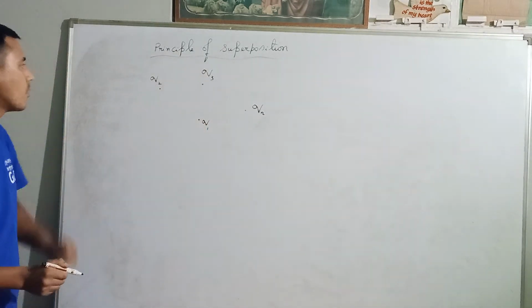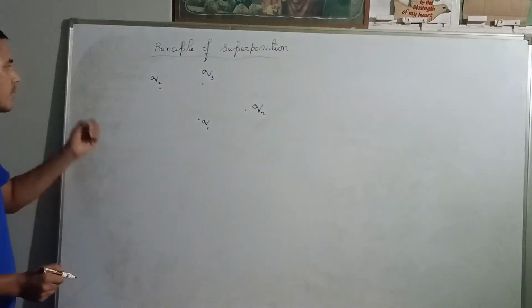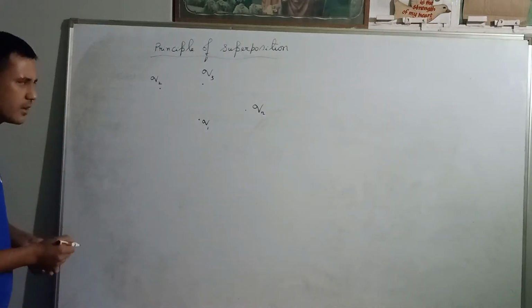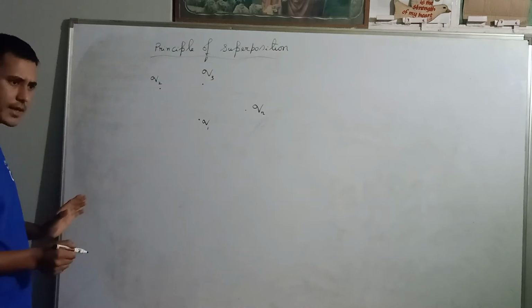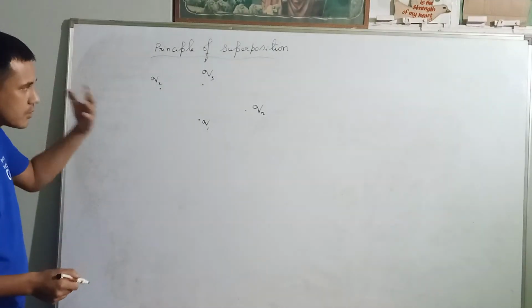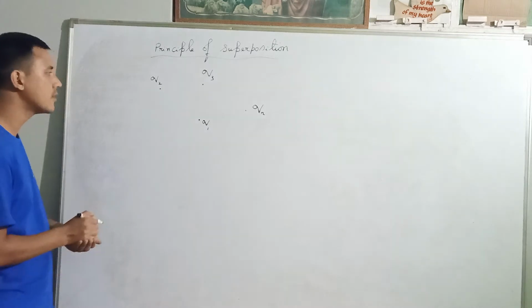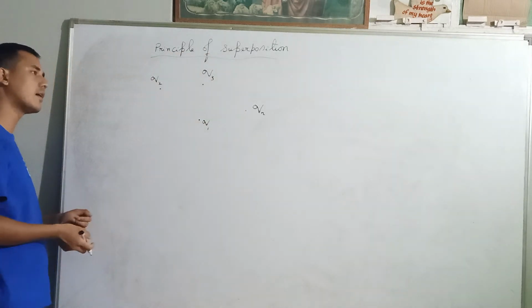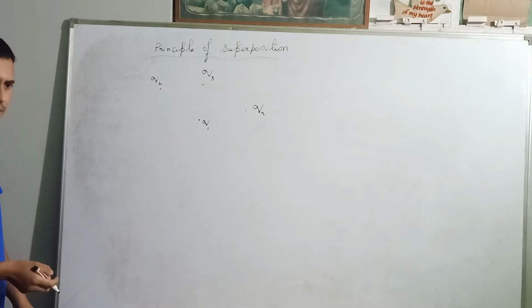Let's consider that all of them are positive point charges. They can be like charges or unlike charges, but to make things easier, we consider all of them to be positive point charges only.